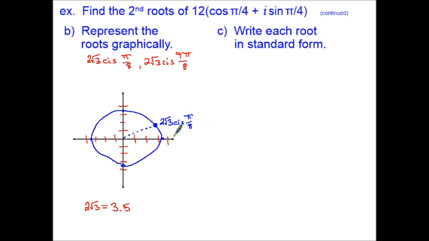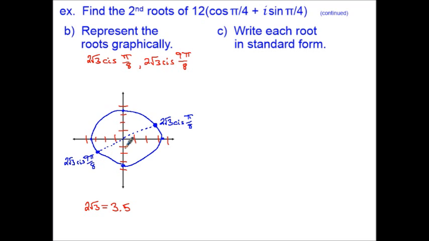Hopefully it's not too much of a shock: 9 pi over 8 is a little bit more than 1 pi, so I'm going to be about here, straight across from the pi over 8. In case that's confusing, pi over 8 plus 1 whole pi gets us to 9 pi over 8, so I should be directly across the circle. Now I have 2 root 3 cis 9 pi over 8 right there.